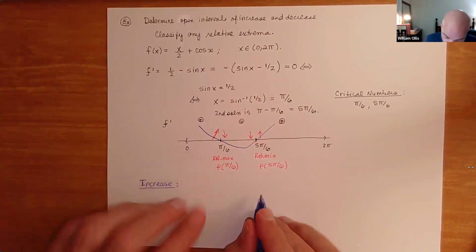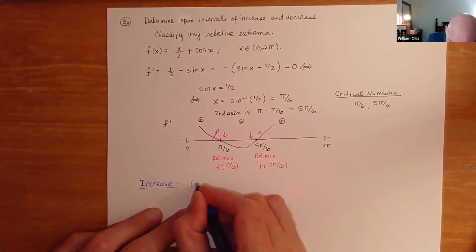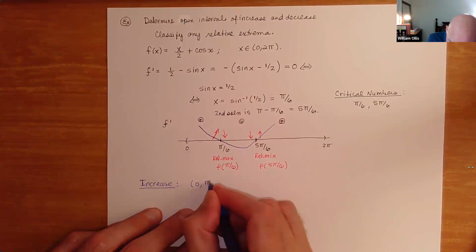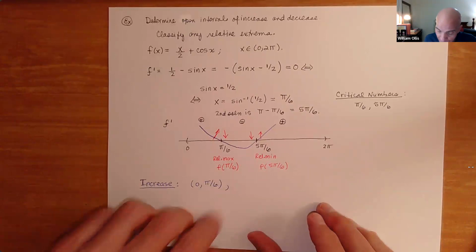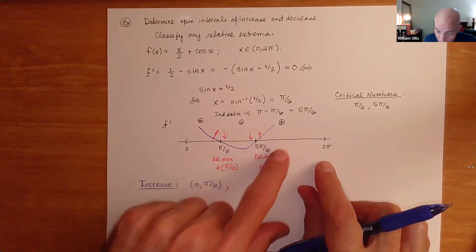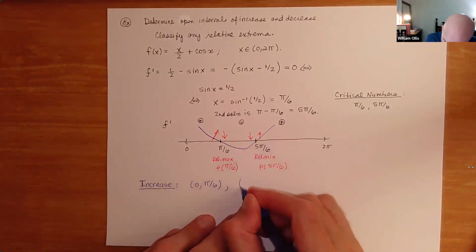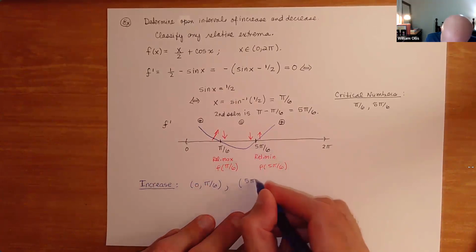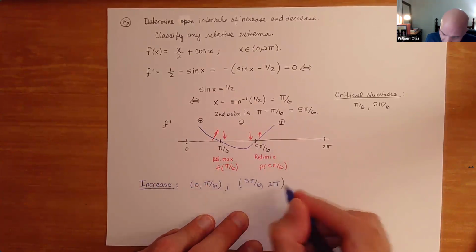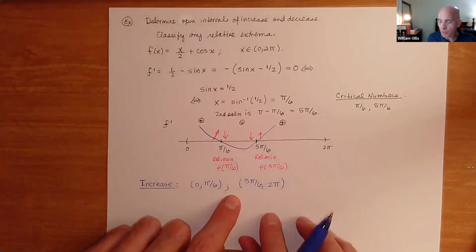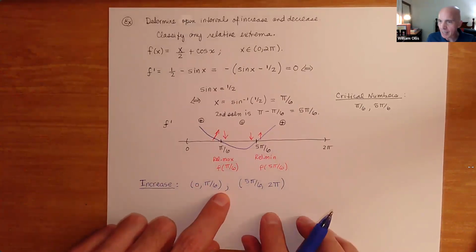So we'll take 0 to pi over 6. And then the second interval will be, again, where the derivative is positive, and we'll have 5 pi over 6 to 2 pi. So in many cases, whether the intervals are open or closed, whatever you're asked to do, you'll just be asked to separate them by commas.